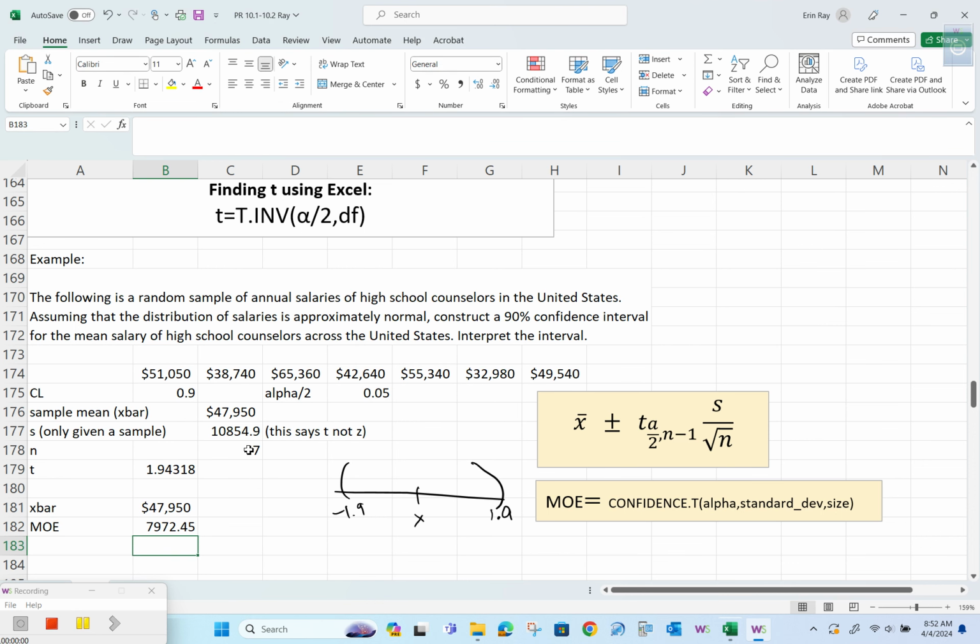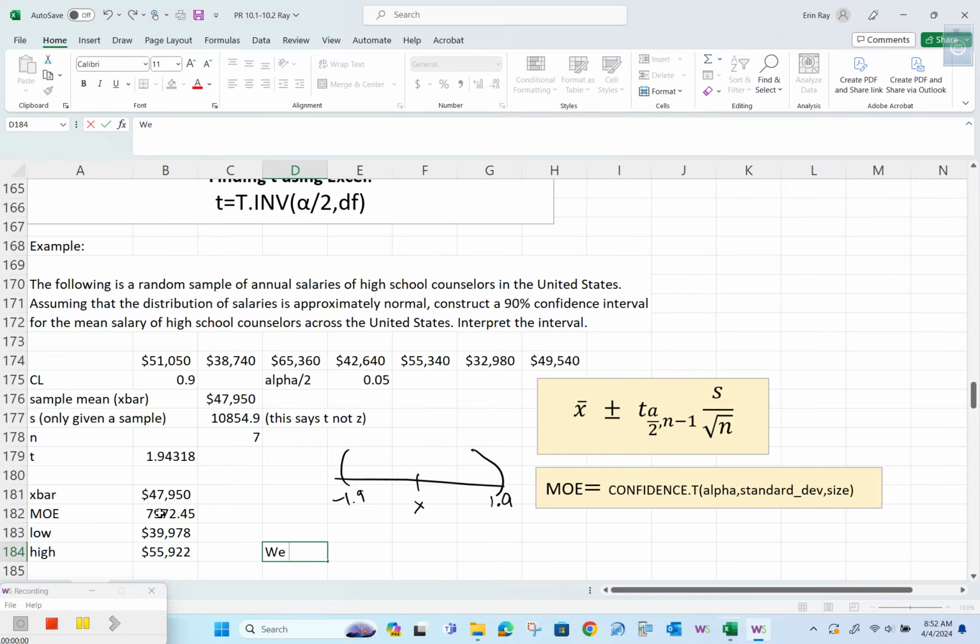Okay, now that we have that, we can find the low side of our interval and the high side, rather than in t-scores, but the actual numbers related to our mean. So starting with the middle and then subtracting the margin of error, and then starting from the middle and adding the margin of error.